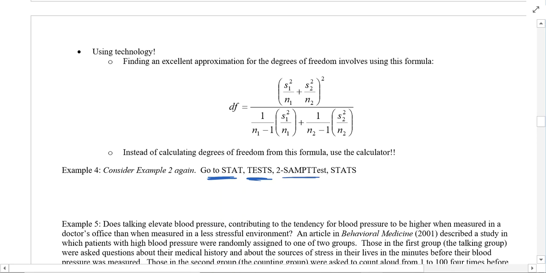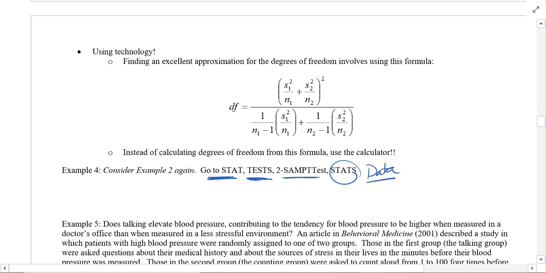And you can either choose stats or data. At the top, it's going to have either one. So the stats would be that you already have the summary statistics. You can enter the mean for one, the standard deviation, and the sample size for one. Do the same thing for the other one.